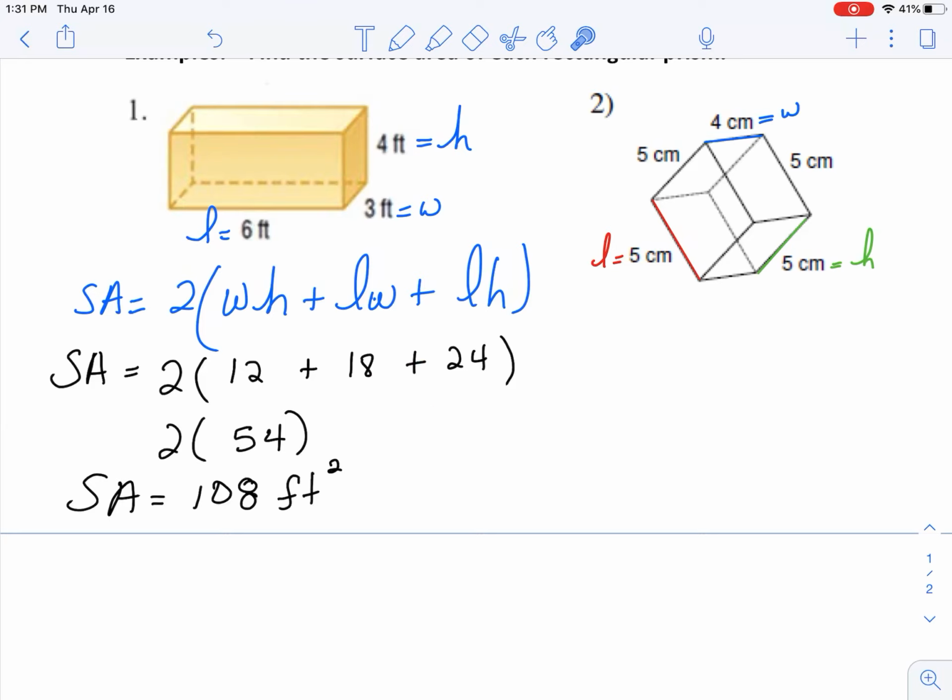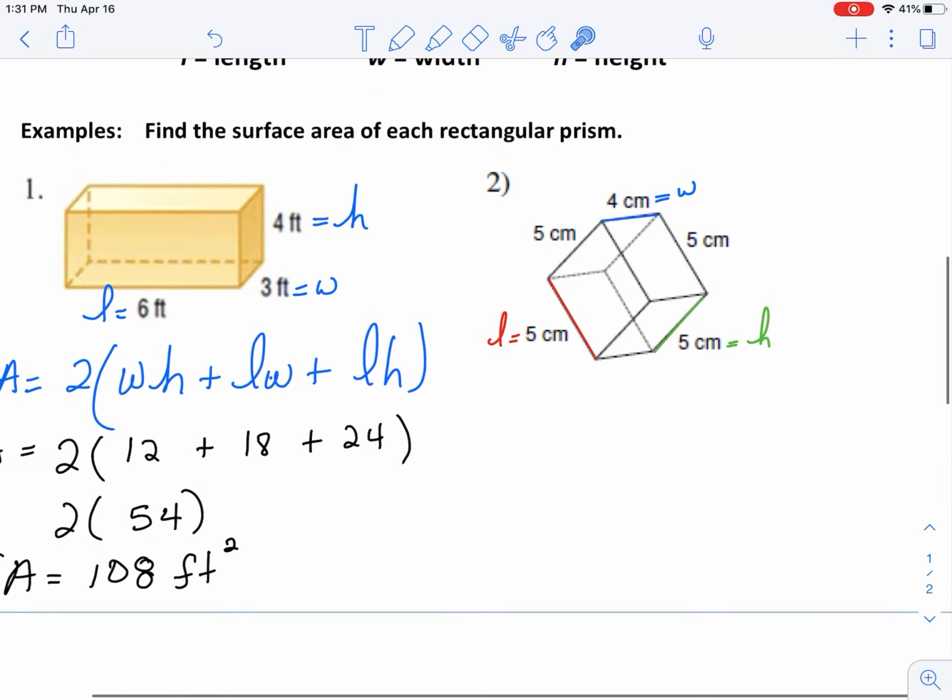So 12 plus 18 is 30, plus 24 is 54. And then you just double that to give you a surface area of 108 square feet. Okay, so I think the biggest thing here is understanding what the length is versus what the width is versus what the height is. If you can figure that out, you're in good shape.